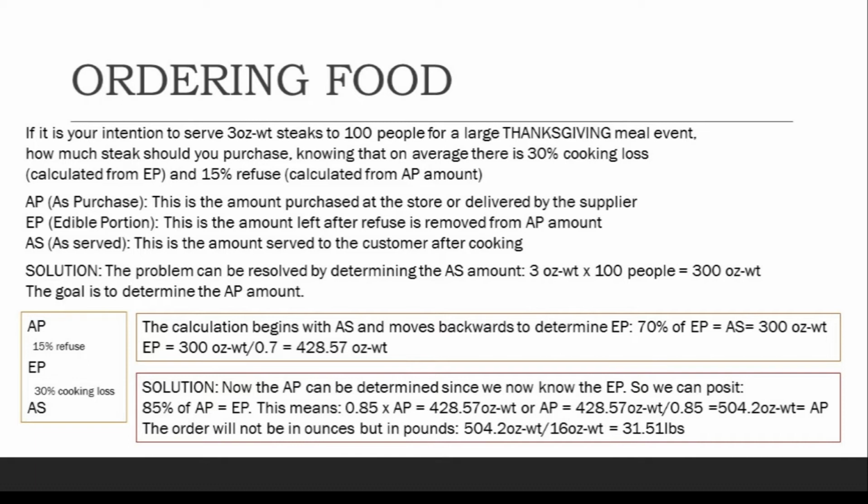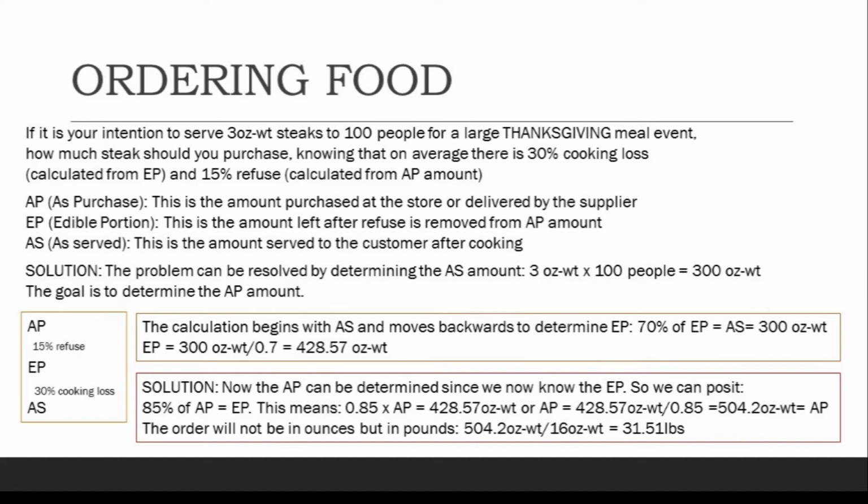So the solution can be resolved by determining the AS amount, which we do, and that's 300 ounces. So the goal is to determine the AP amount, given what the as served amount is, which is 300 ounces. So conceptually, I want to bring you to the orange box to the left.